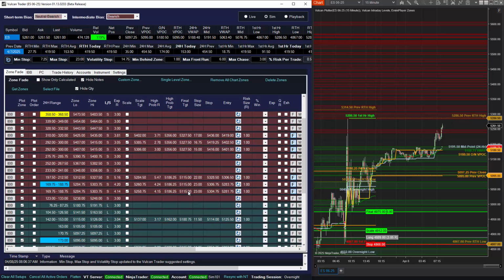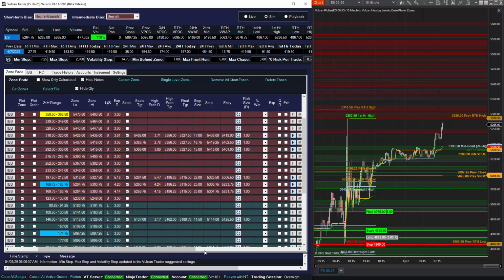So right now, it's 8:25 a.m. Central Time. We're 5 minutes away from the RTH Open, and this framework of setting up and pre-planning the ideas in Vulcan Trader is just going to make it easier for me to execute after the open. So if the market pushes up into the initial resistance of 5312.5 to 5327.5, all I have to do is make sure that we're not seeing unusually high upside momentum, and I can consider taking the trade.